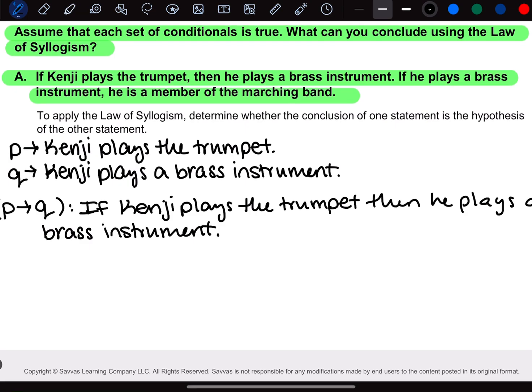Now, we're going to identify R. In the second part, it says if he plays a brass instrument, then he's a member of the marching band. So Q is still he plays a brass instrument, but our new concept R is Kenji is a member of the marching band.